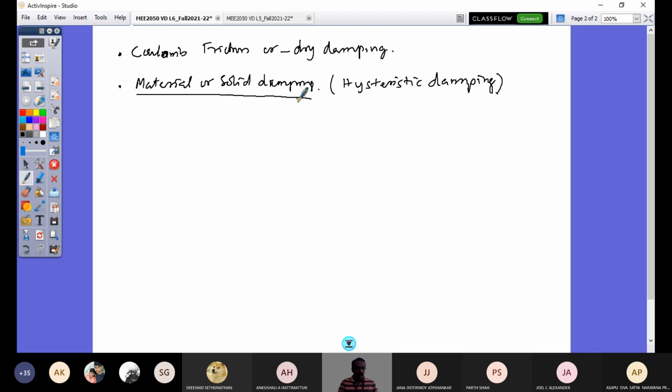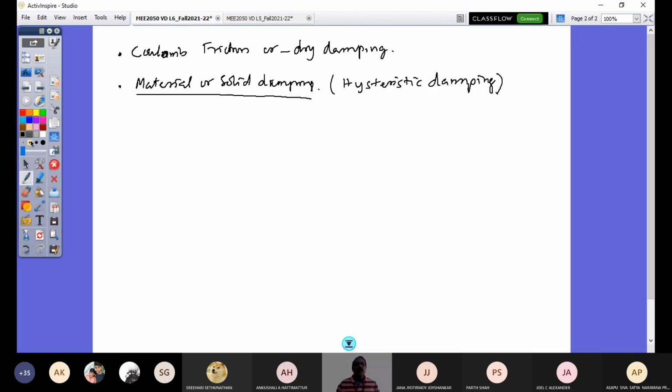So there will be a relative motion of the material planes, and that is what is causing this kind of damping effect called material or solid damping, and they are also dissipating. So when you say the word damping, think dissipation. So you always remember.